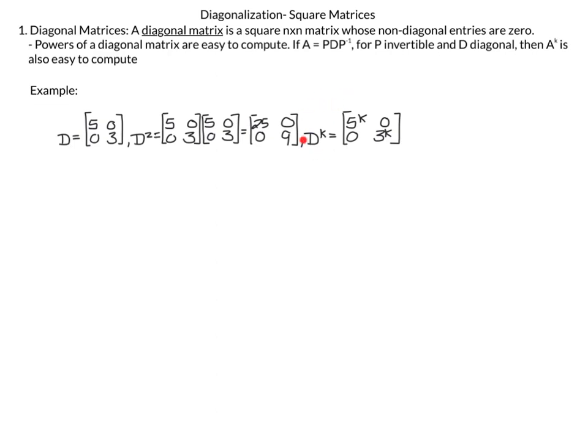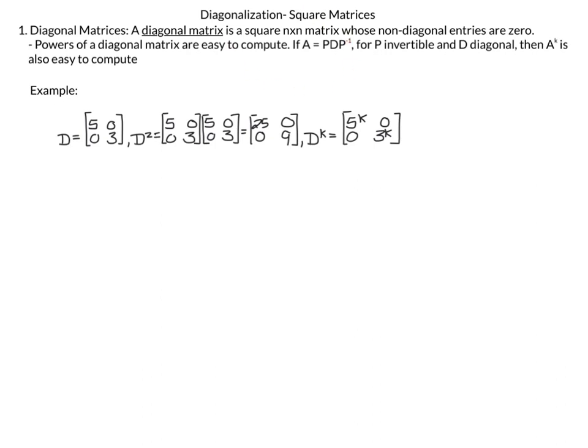So in general, you'll find the pattern: D to the kth power, if D is diagonal, is equal to your entries along the diagonal raised to the kth power, and your zeros stay 0. So D to the k, in this case for our example, is 5 to the k, 0, 0, and 3 to the k. So that's kind of neat, but is it useful?